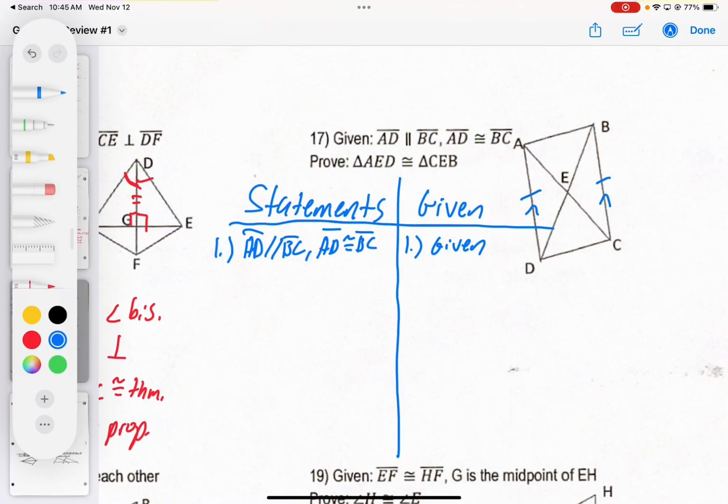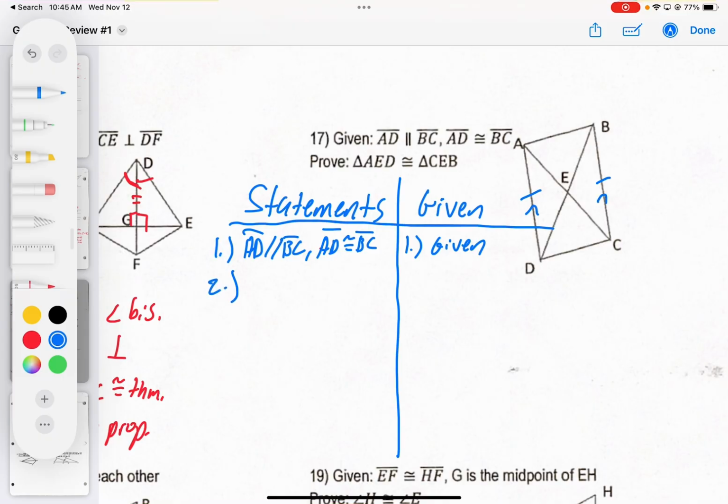Now, before I dive into this proof, because there's a ton of triangles there, I feel it's important that we figure out which triangles we need to focus our attention on. So AED, and then CEB. Those straight lines indicate which two triangles we need to look at.